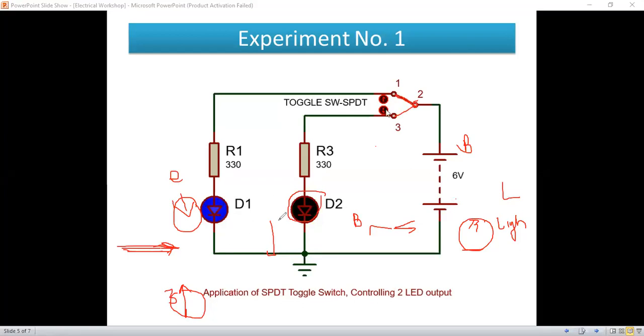That means this type of switch SPDT will be used where one input is there and two output is there. Where the two output application is there and one input, at that situation we will use these types of SPDT switch.